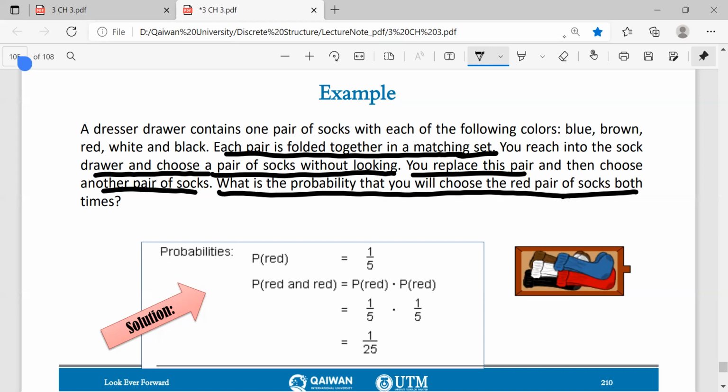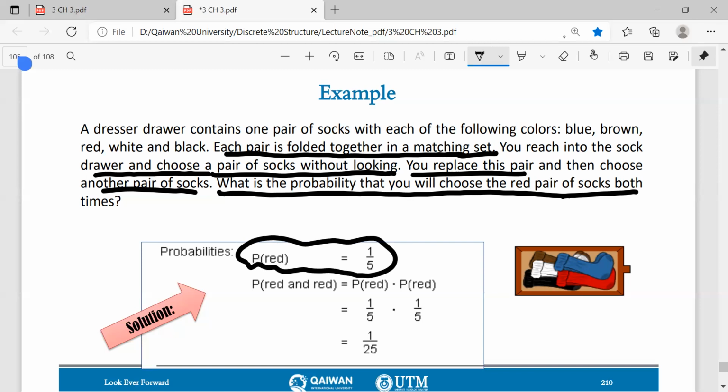What's the probability that this one is red? How many red do we have in it? We have only 1 red, and each pair has a different color. The probability of red is 1/5. That's for the first time.